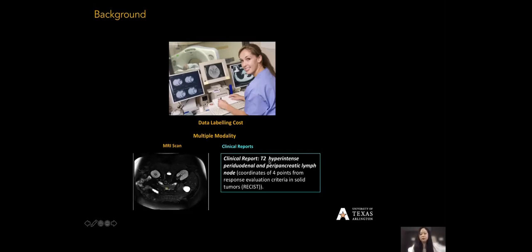It basically says this is hyperintense, and this is a lymph node. Besides that, in this report, they also have the coordinates of 4 points from the Response Evaluation Criteria in Solid Tumors. Basically, they have created the 4 points, which show the longest dimension and the shortest dimension of the lesion.